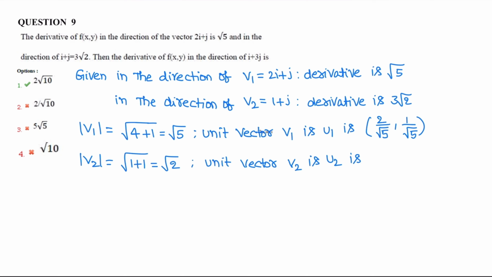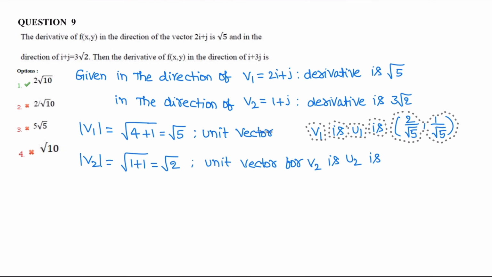Similarly, the unit vector for v2 is u2, 1 by root 2 comma 1 by root 2.